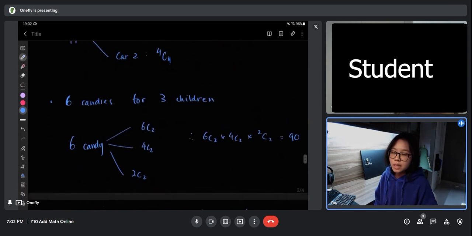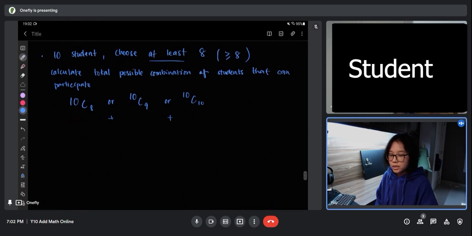Here is the same thing. If you notice that they are asking for at least 8, then you will realize there can be 8 students or 9 students or 10 students to participate. Then there are 3 different scenarios that you have to calculate for. This equals 56.